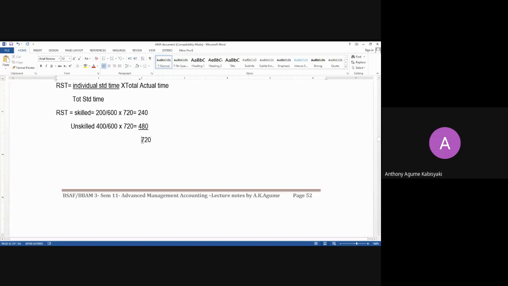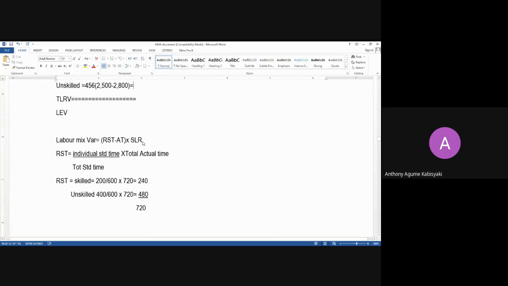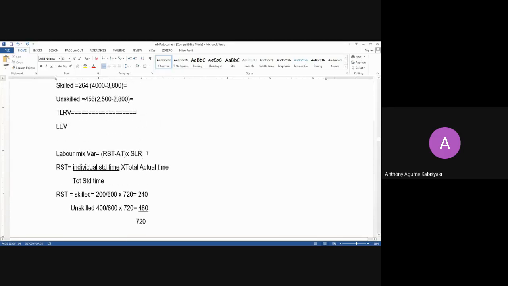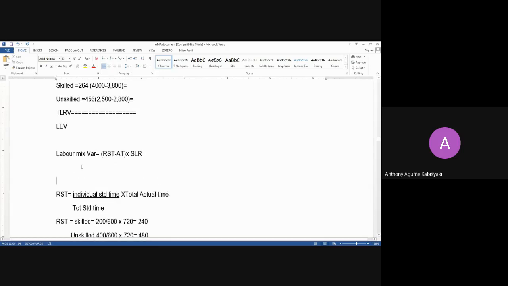Okay. So having determined my revised, I can come here in my formula. I determine my variance for skilled. The revised standard time is 240 minus the actual time.